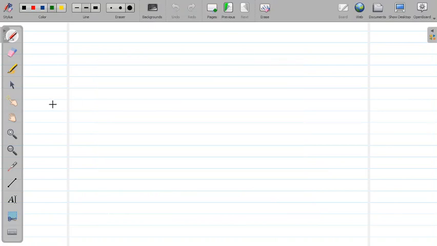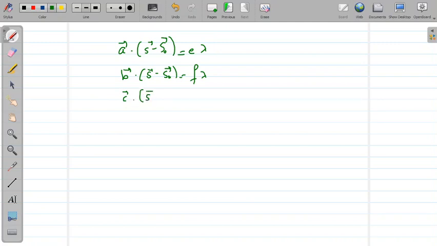So we have derived three sets of equations. The first equation is A bar dot S bar minus S0 bar equals e lambda. The second equation is B bar dot S bar minus S0 bar equals f lambda. Then C bar dot S bar minus S0 bar equals g lambda.